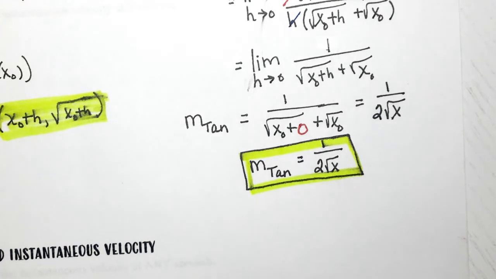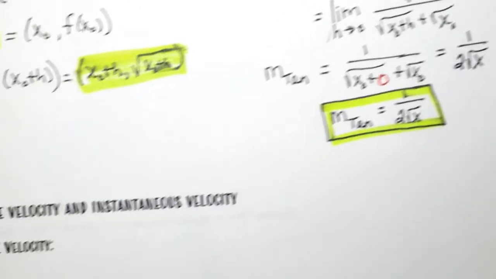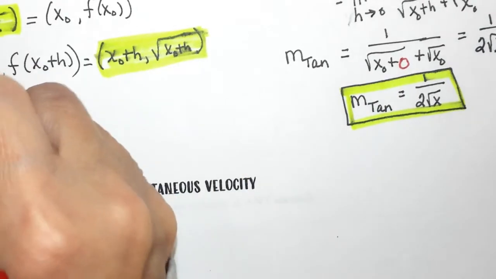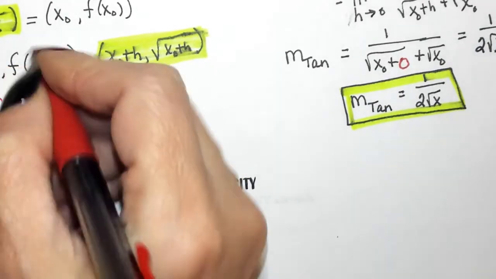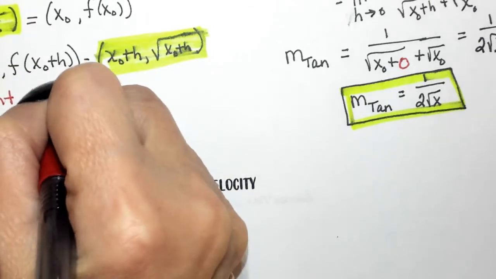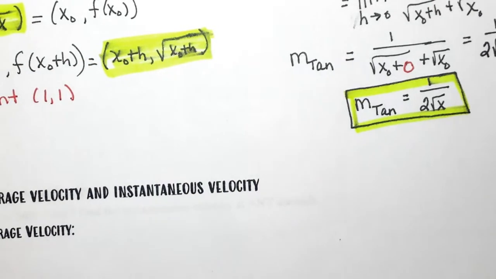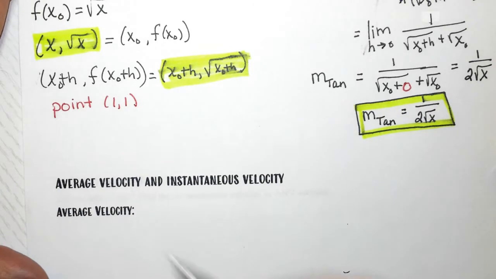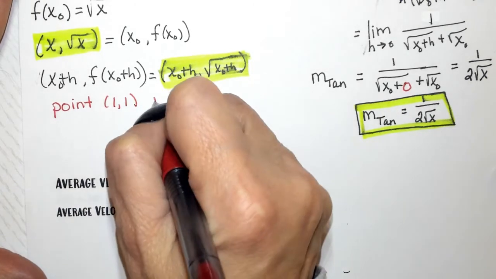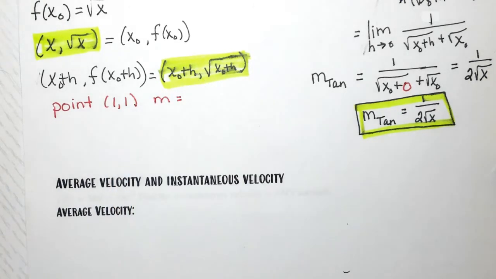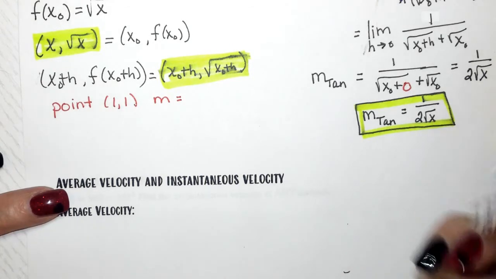Okay, so let's write the tangent line at the point, let's say 1, 1. So at the point 1, 1, what would the slope be? So we would plug x in here.